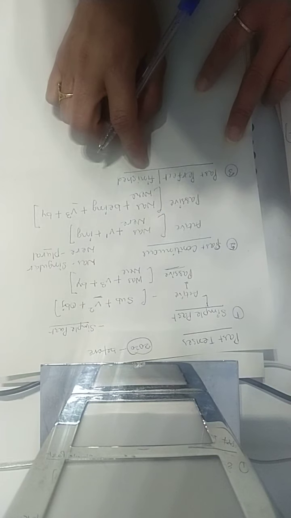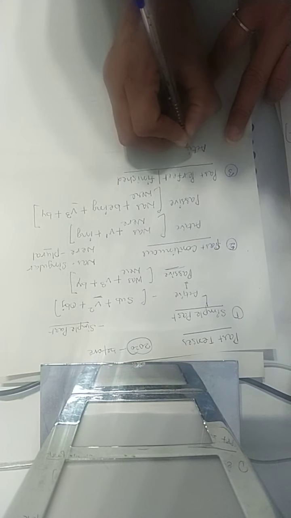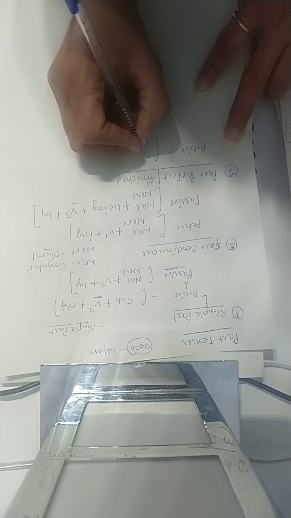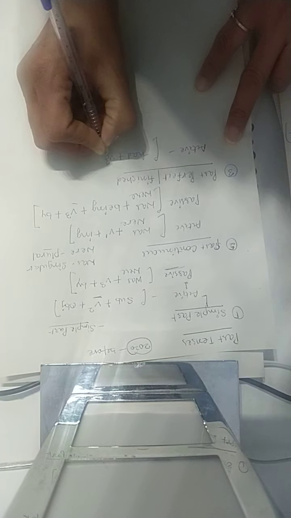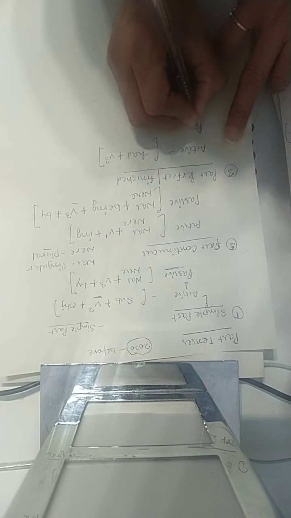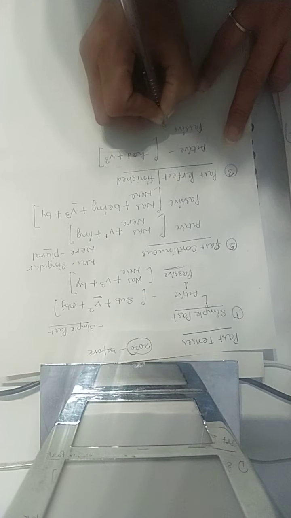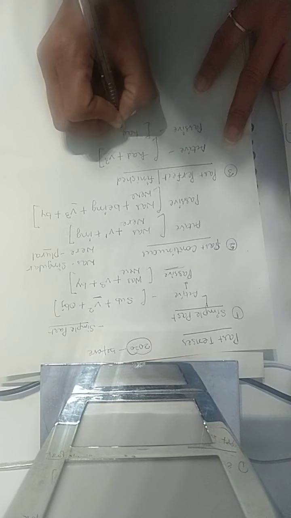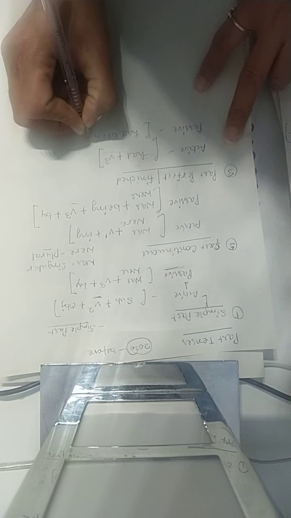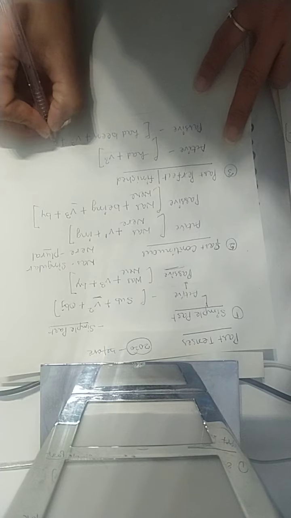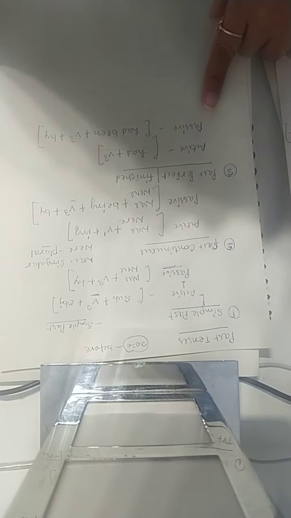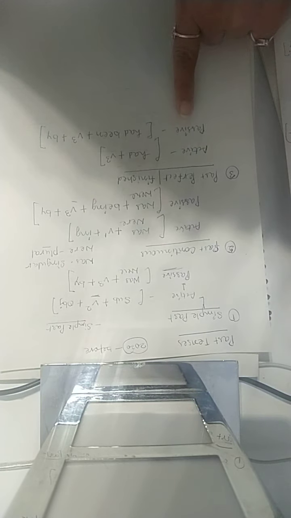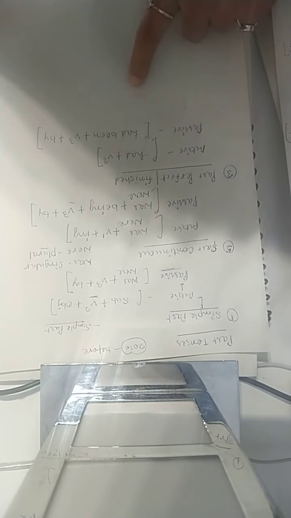So in past perfect, if it is active, then had and past participle, if you are writing active tense, and if you are writing passive, then it will be had been, past participle and by. So be remember this when you apply either active or passive tenses in your explanation.